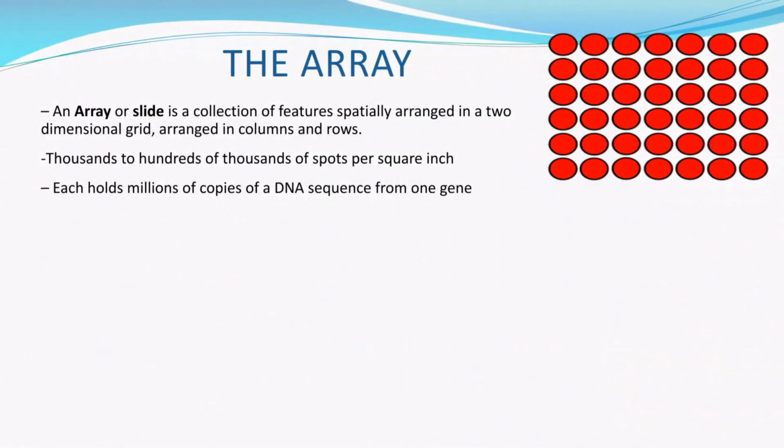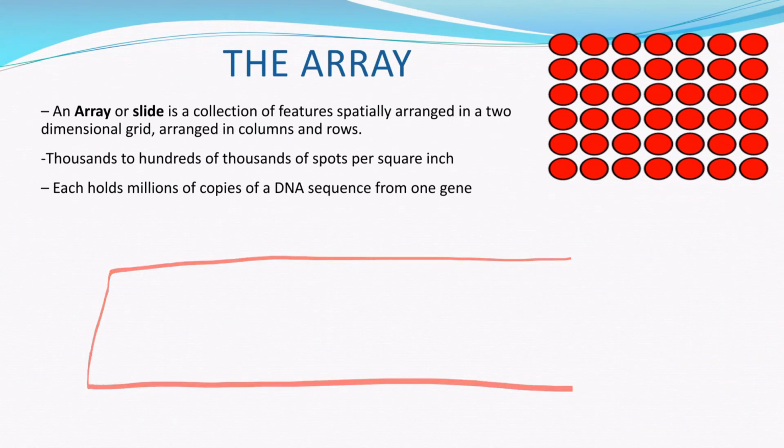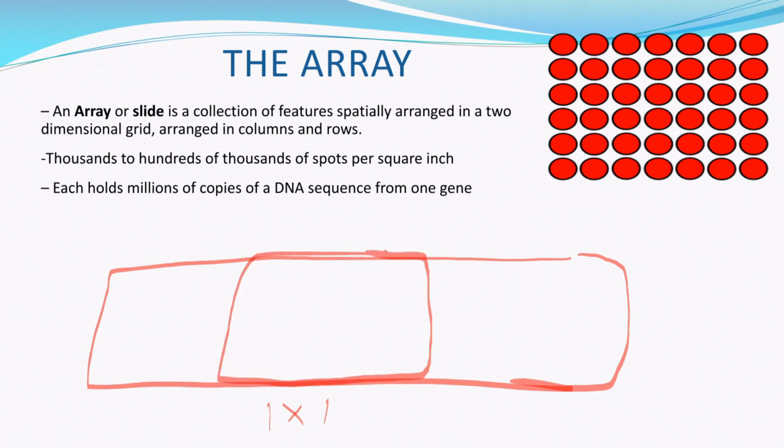Okay, so what is the meaning of array in DNA microarray? An array is nothing but small tiny holes on the DNA glass slide. Suppose this is the glass slide, with an area of 1 by 1 centimeter. It has multiple tiny holes. We can use up to 20,500 holes, one for every representative gene.